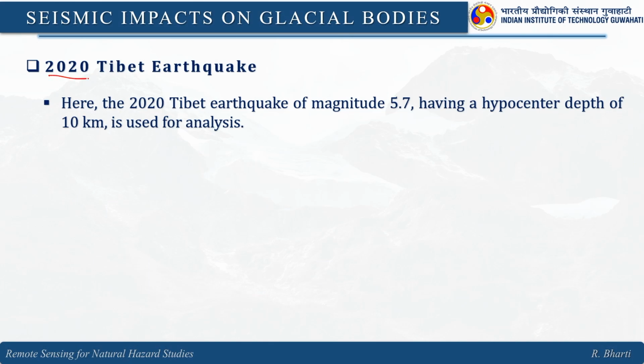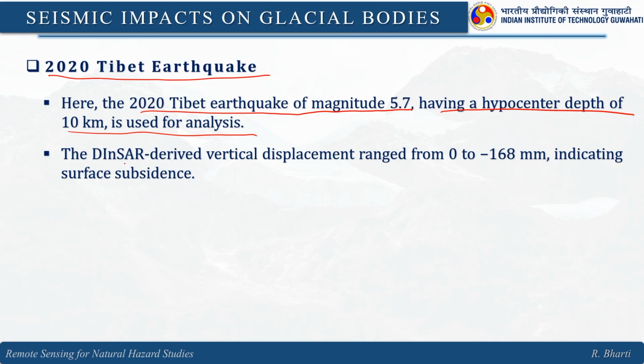Here the 2020 Tibet earthquake of magnitude 5.7 having a hypocenter depth of 10 km is used for analysis. The DInSAR derived vertical displacement ranged from 0 to minus 168 millimeter indicating surface subsidence. So, the minus will be the subsidence.